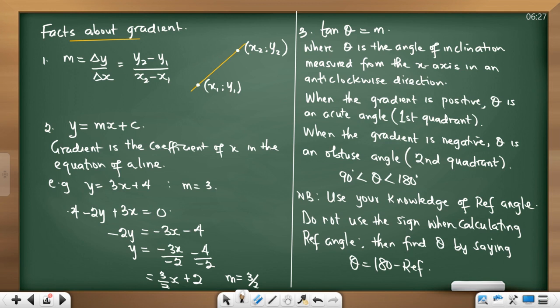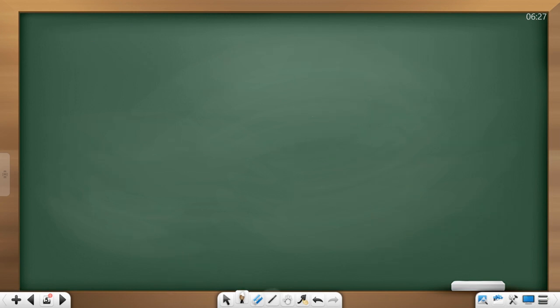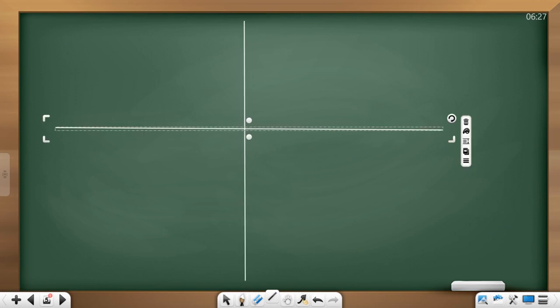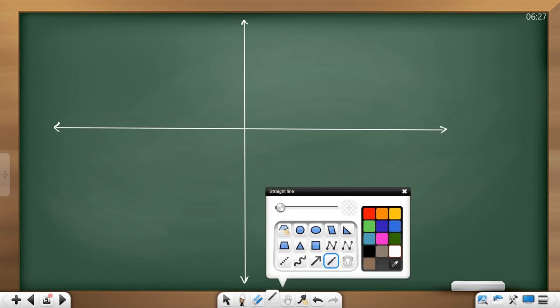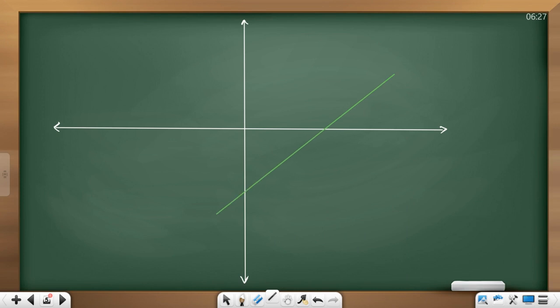A quick example would be this. I'm sure you are done writing. If you are not done, please just pause the video. Beautiful. We have a lovely Cartesian plane there. Now I'm going to draw a few lines.